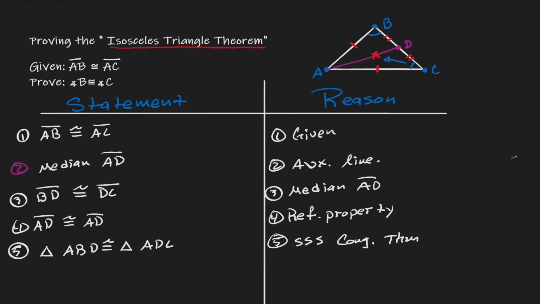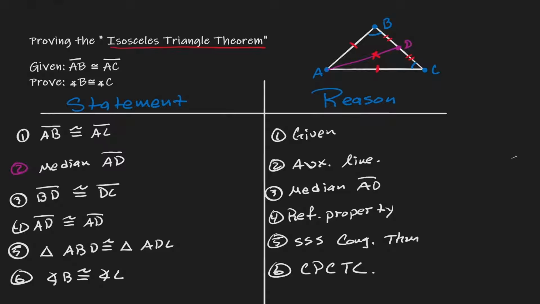Therefore, angle B and angle C are corresponding angles, and they are within corresponding triangles. So we're done. Now we can say angle B is congruent to angle C, and the reason behind it is by corresponding parts of congruent triangles are congruent. So that's the reason behind it.